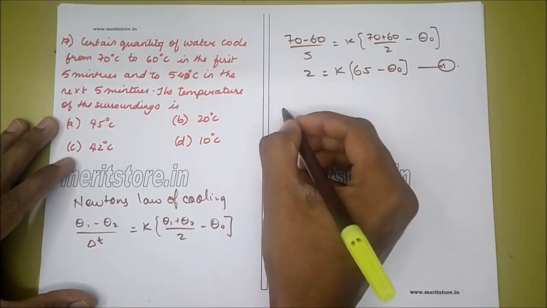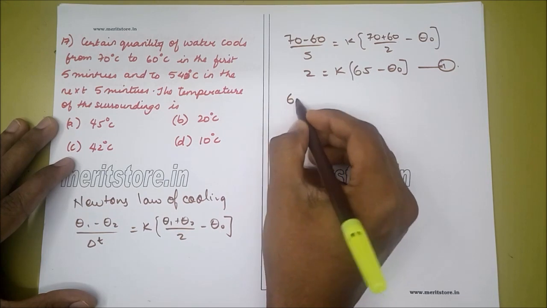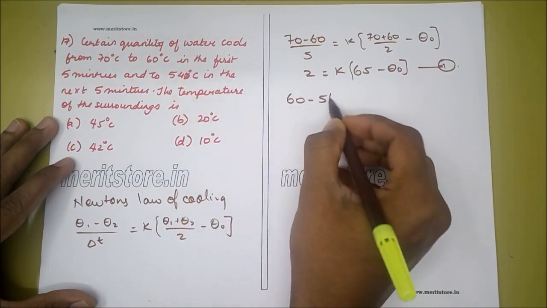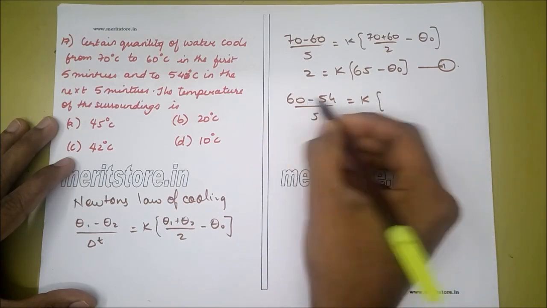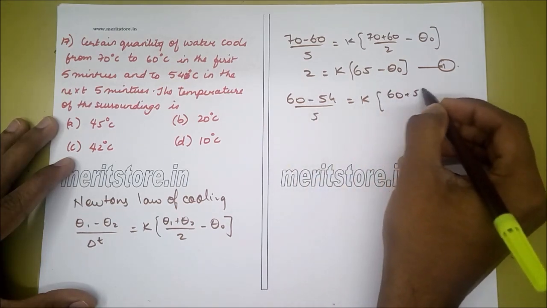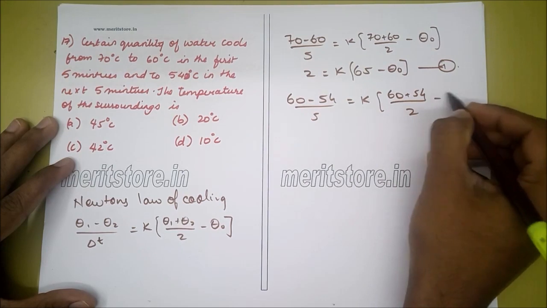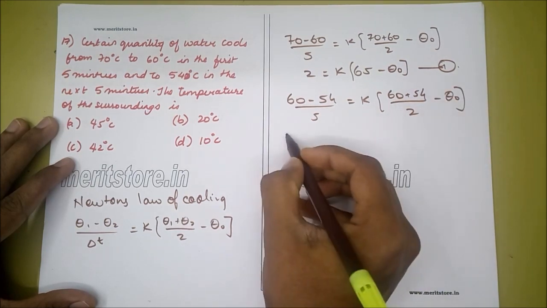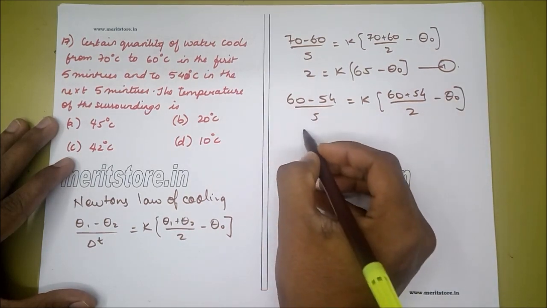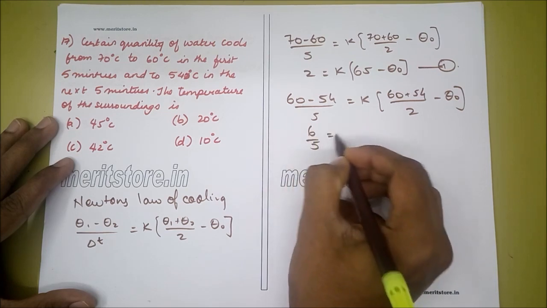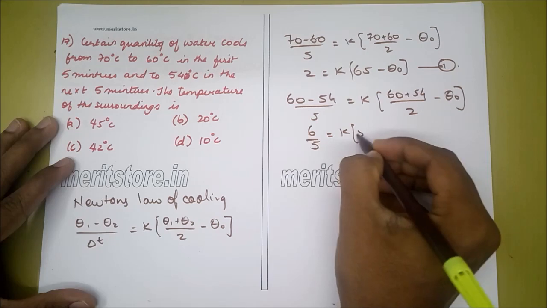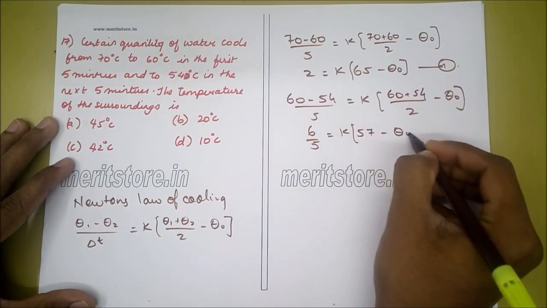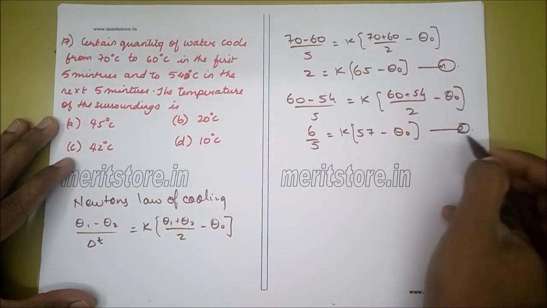Now for the second case, the temperature change would be 60 minus 54, again in 5 minutes, equal to K times the average of 60 plus 54, minus theta naught, that is the temperature of the surrounding. So 60 minus 54 is 6 by 5, equal to K times the average value, 57, minus theta naught. So this is equation 2.